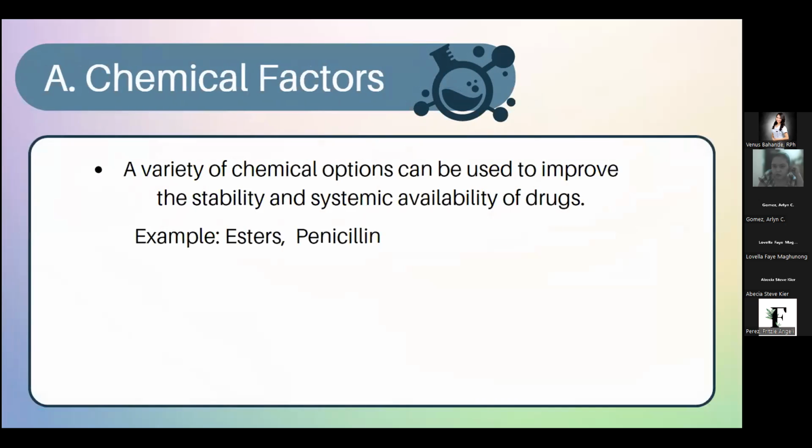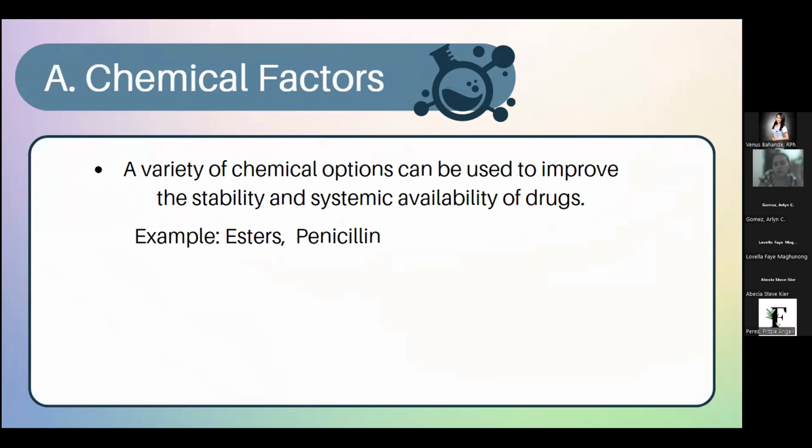So to start with the chemical factors, there are a variety of chemical options that can be used to improve the stability and systemic availability of drugs. We have the example for esters and penicillin.